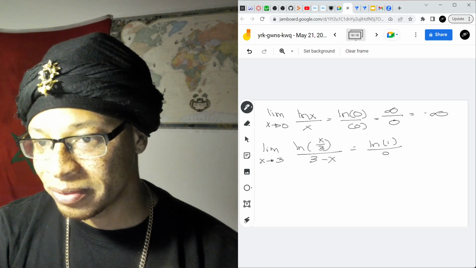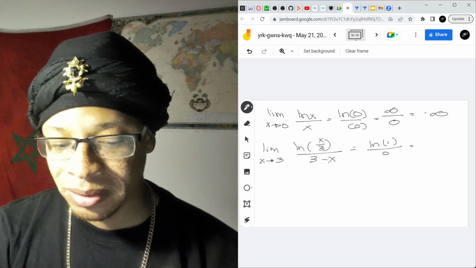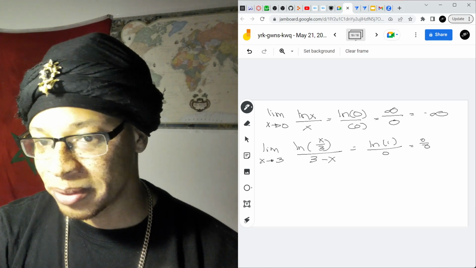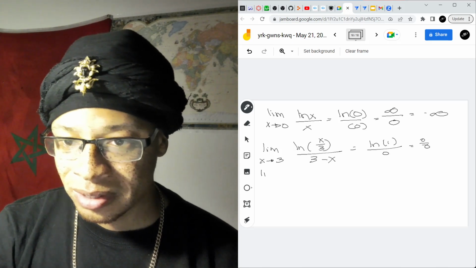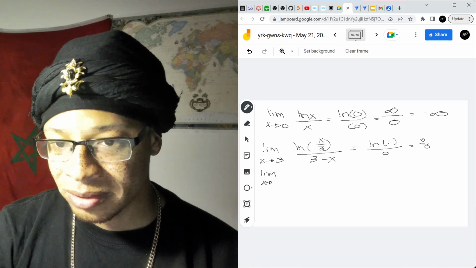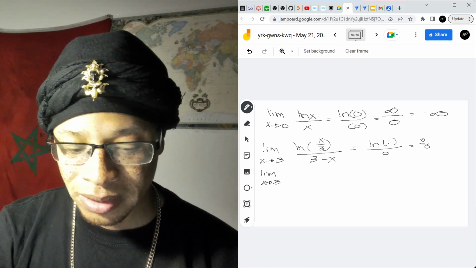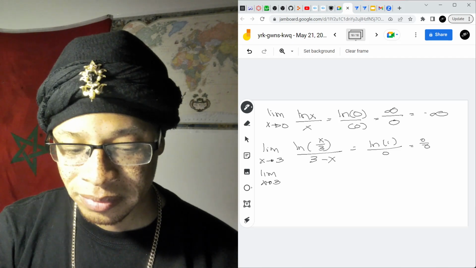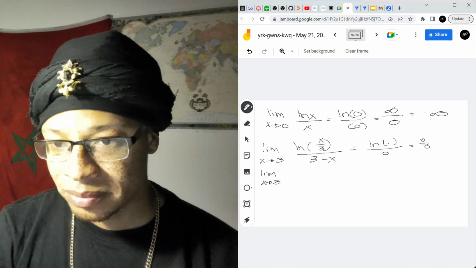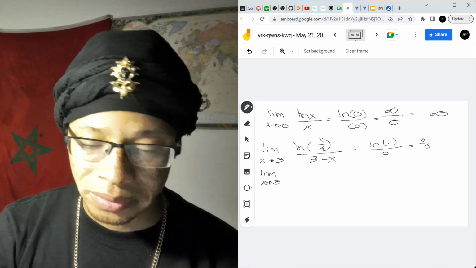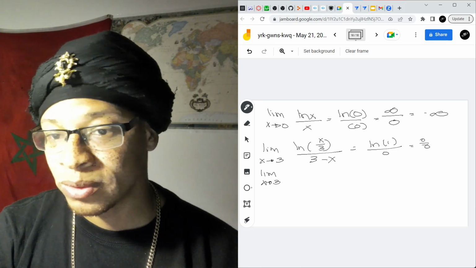So ln of 1 divided by 0 is 0 divided by 0. Let's try that again by doing a derivative of this. Doing a derivative of this, you would have to use the quotient rule.